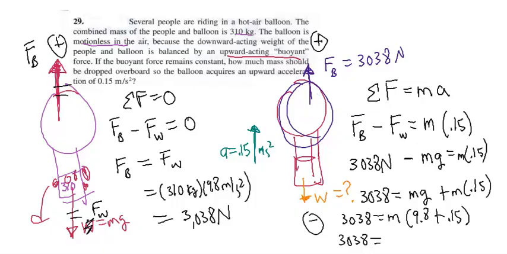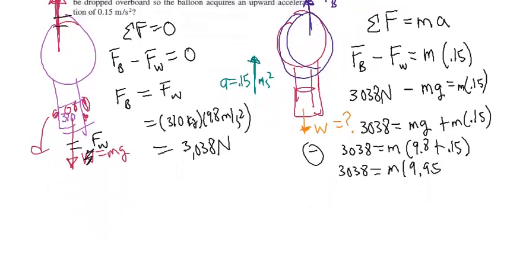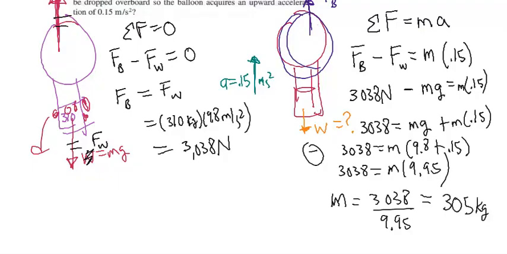Sorry, 9.8 plus 0.15, m times 9.95. Awesome. So m equals 3038 divided by 9.95, which is 305 kilograms.